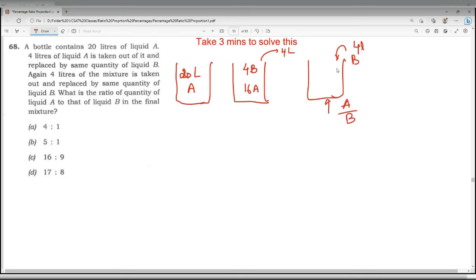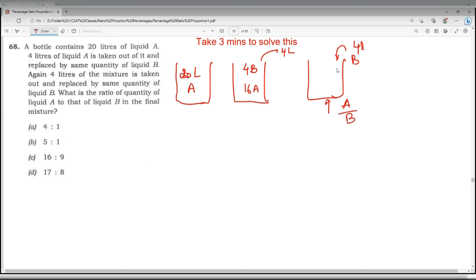So what to do here is, after the first removal, when we remove 4 liters and add 4 liters of B, since this is pure liquid A, the whole 4 liters of A is gone, and only 4 liters of pure B is added here.